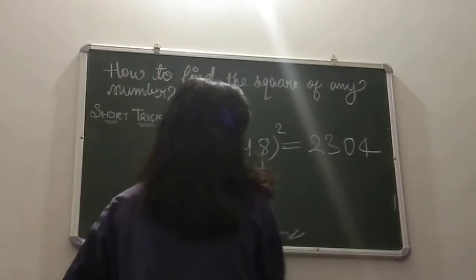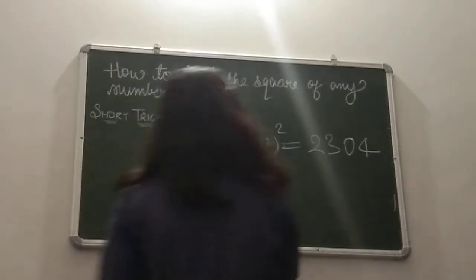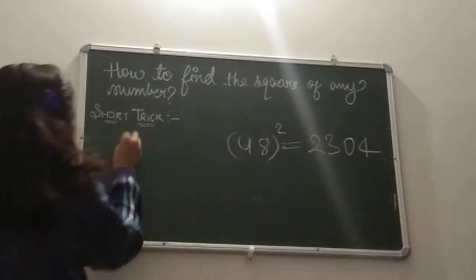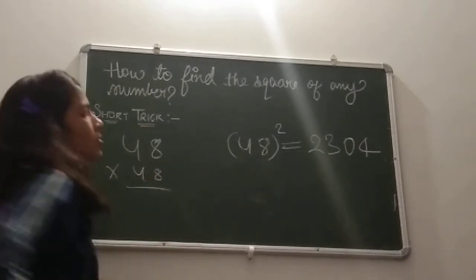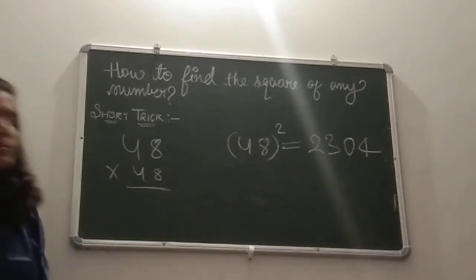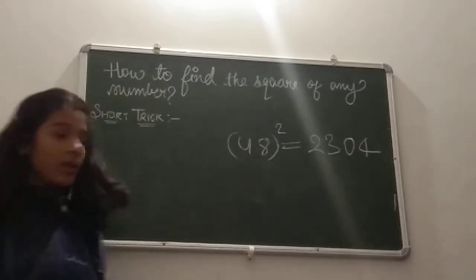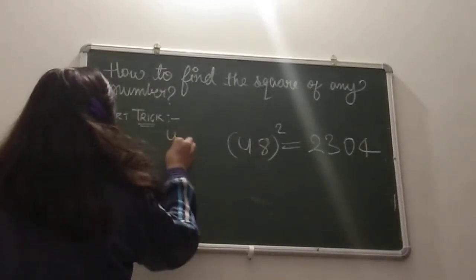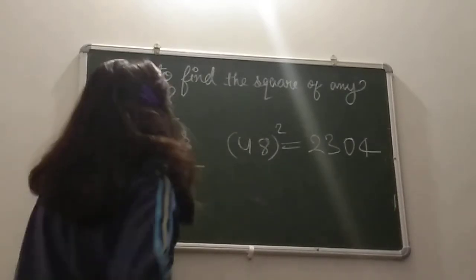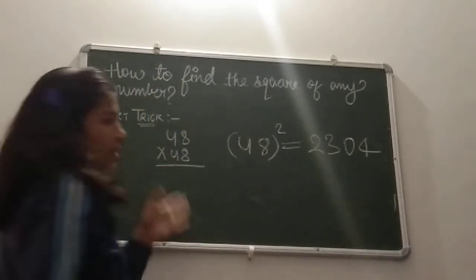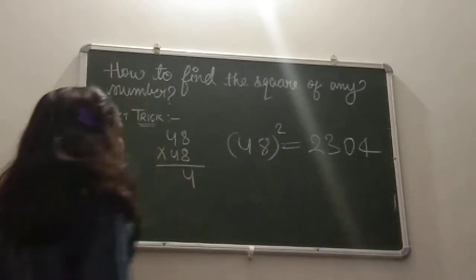And now I will erase all these methods. We all know we can do 48 multiply 48. I need some space for doing this, so I will do it somewhere else. 48 multiply 48. 8 times 8 is 64, as we did here also in the squaring. 64, 6 goes in carry.